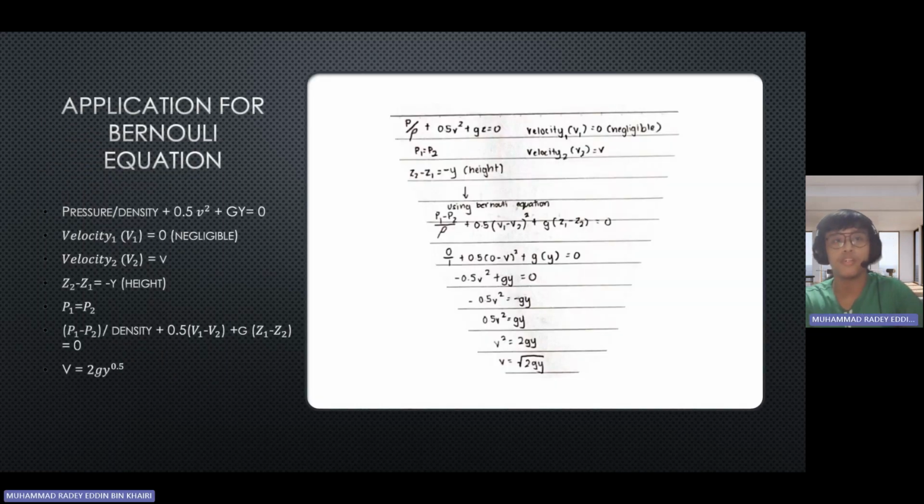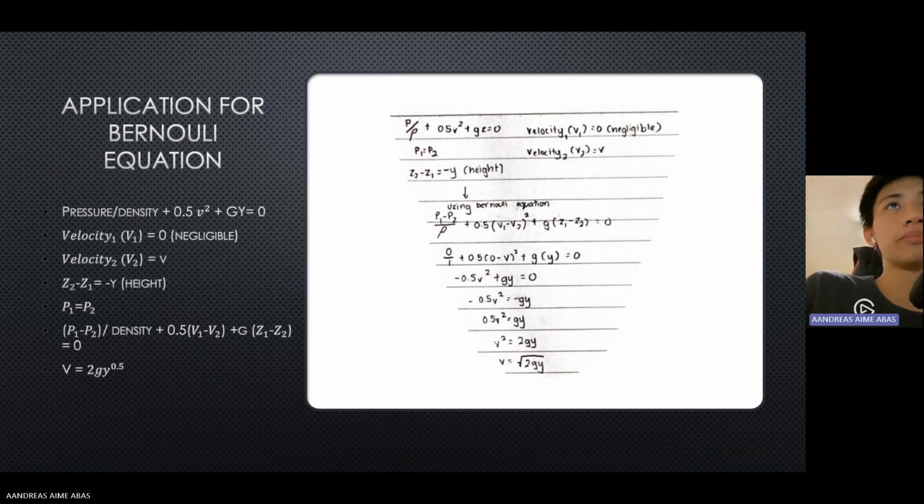Now I have Andreas to talk about the application of the Bernoulli equation. Firstly, the formula of the Bernoulli equation is pressure divided by density plus 0.5 times velocity squared plus gravity times height. In order to solve the Bernoulli equation, we have to know pressure, velocity, and height.